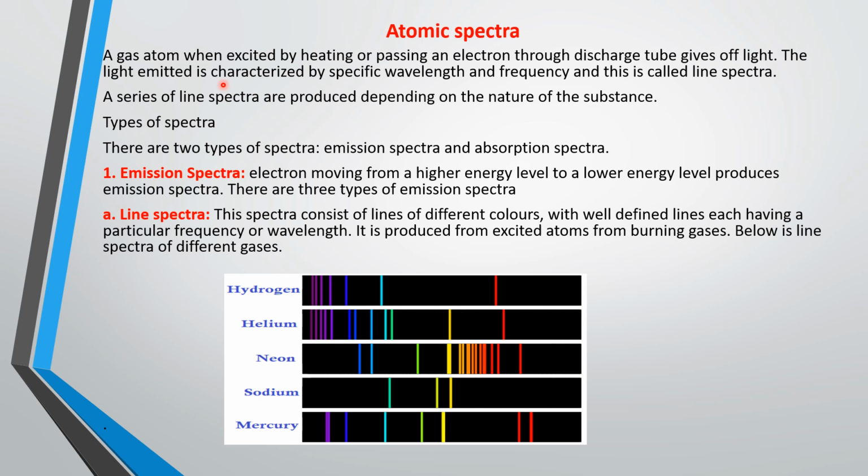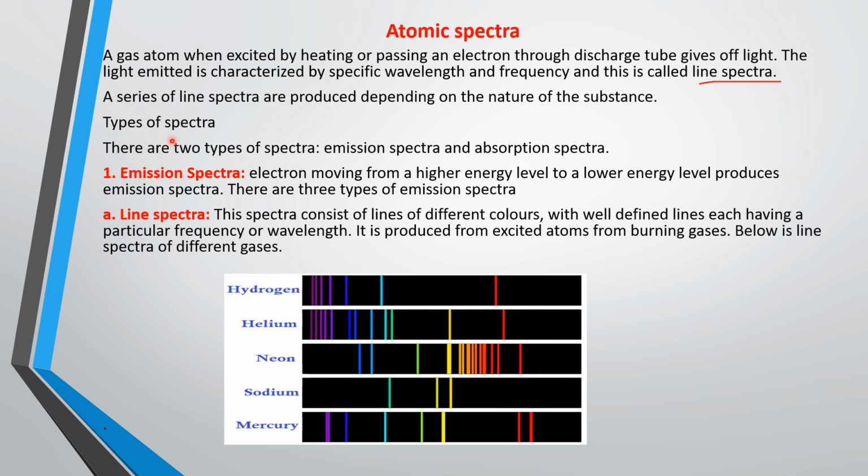The light emitted by this atom is characterized by specific wavelength and frequency, and that light is called line spectra. Okay, it is called line spectra. So a series of line spectra are produced depending on the nature of the substance.